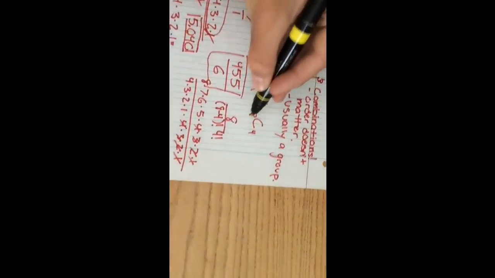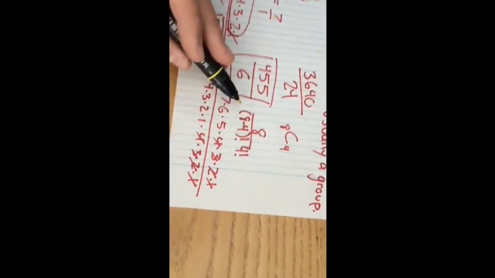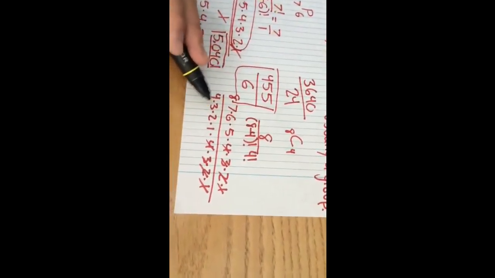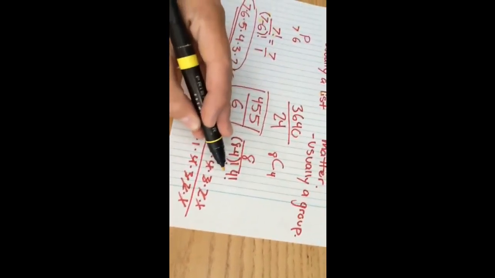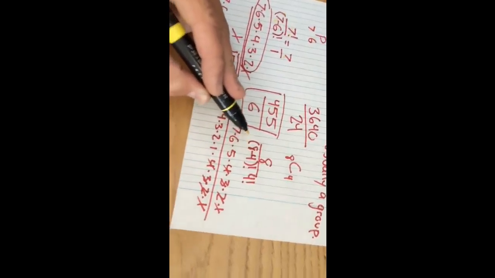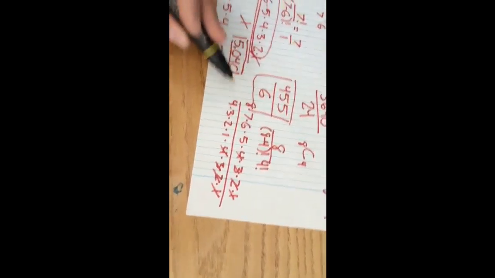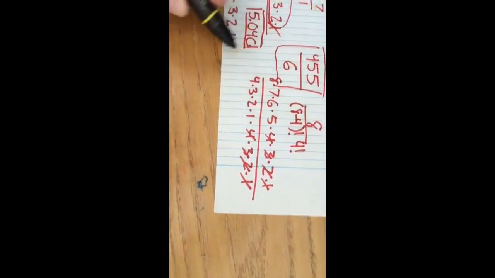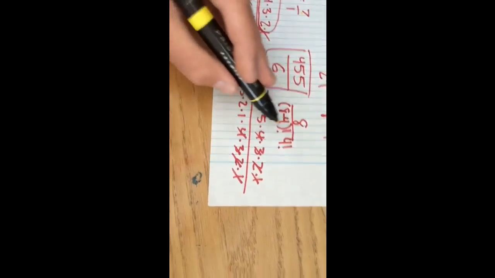Now for combinations, it looks the same, but it's not. For your formula, you do exactly the same with the 8 on top, but now you bring this other number and put it on the side as well, and you simplify that. This way you will have 2 terms, so you have to write both of them out because there's 2 different ones.